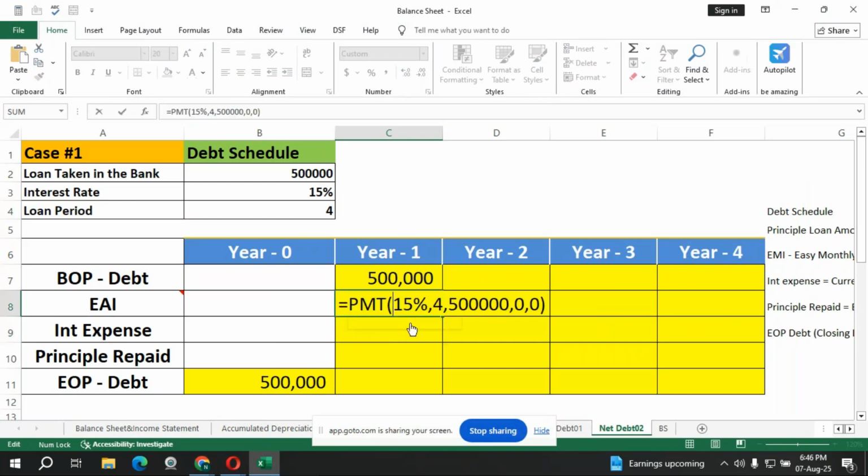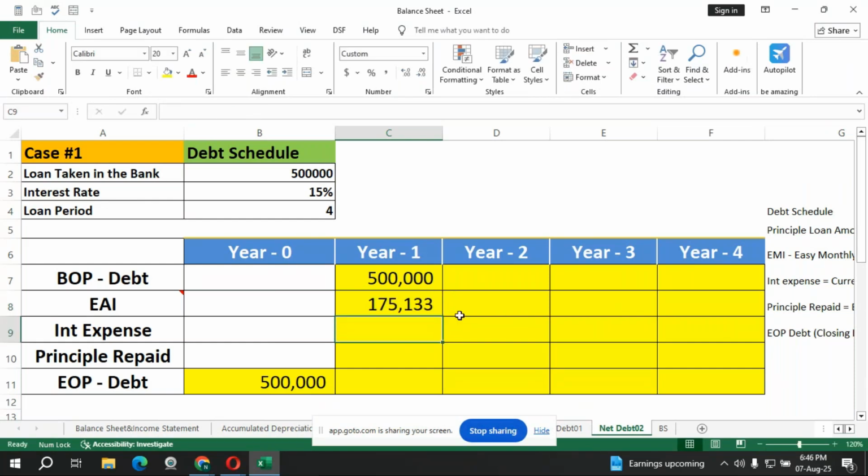As I told you that day, if you add minus here, you arrive at this figure. So both ways are correct. But to calculate your principal repaid, if this is a negative sign, it becomes plus for you. So henceforth, you can add minus to that 5 lakhs amount. So how do you calculate your interest? Equals to your loan amount into your interest of 15%.